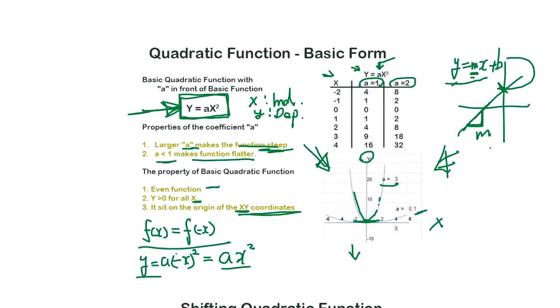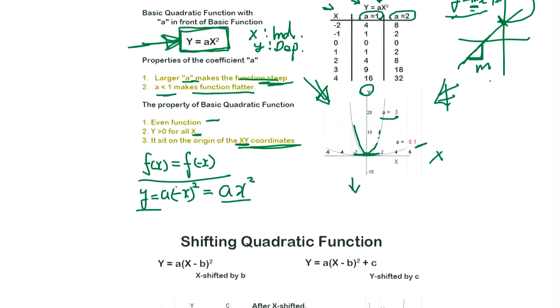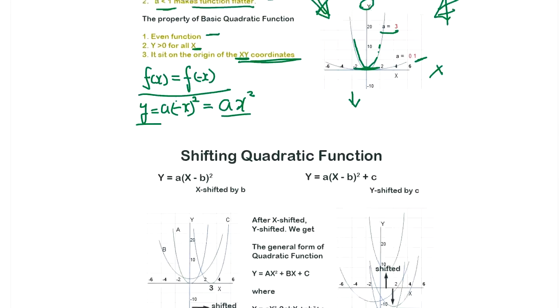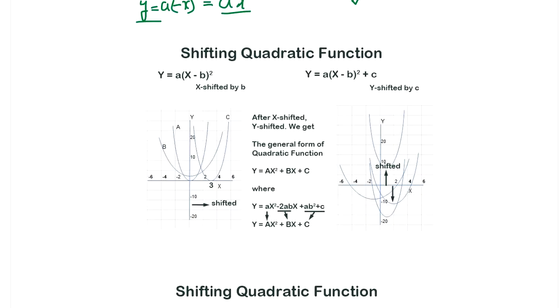So what happens when we start shifting the function? Do you remember shifting the function? That shifting characteristic applies to any function, linear or nonlinear, it doesn't matter. So if we shift x from here to here, the function is shifted by an amount of 3.